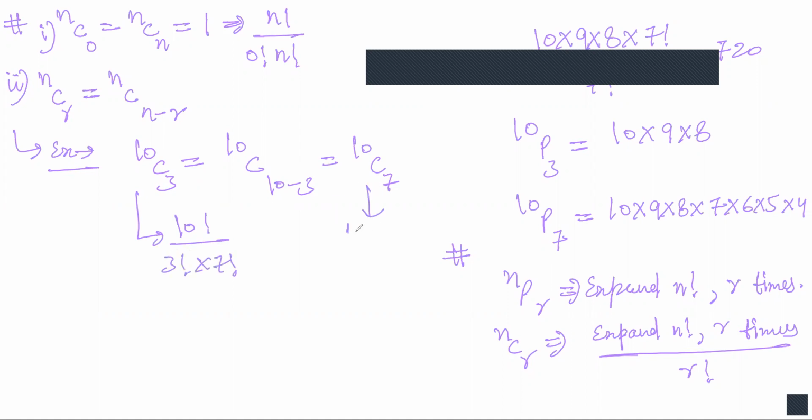Now what is 10C7? 10 factorial divided by 7 factorial into 3 factorial. So we are just exchanging these two places. So nCr can be written as nC(n minus r). This is a very important property. Guys, remember this. We will be using it a lot.